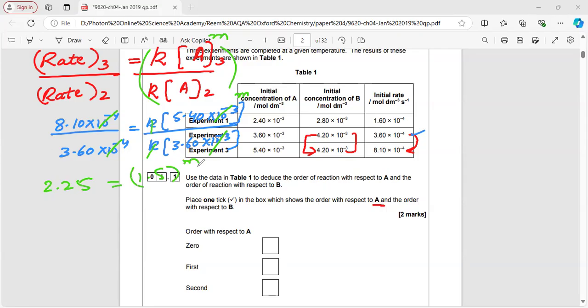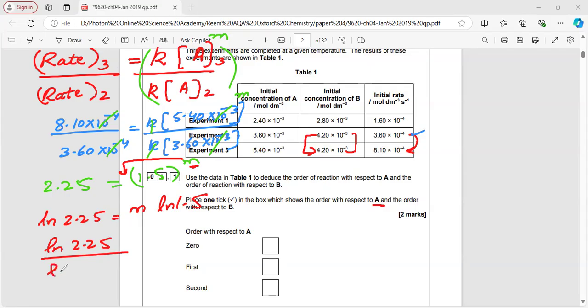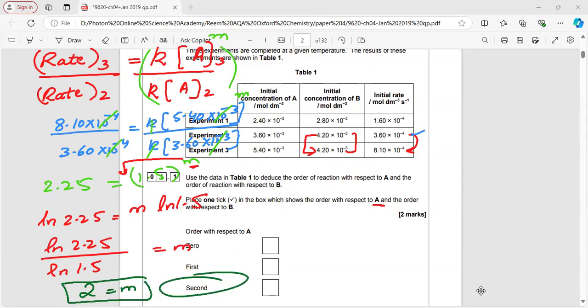Now I have to find m, the order with respect to A. So I apply natural log on both sides. The power is shifted down: natural log 2.25 equals m natural log 1.5. Bringing natural log 1.5 to the other side and using the calculator, you will get 2. So m is equal to 2, and we can say with respect to A, the order is second. This is proved.